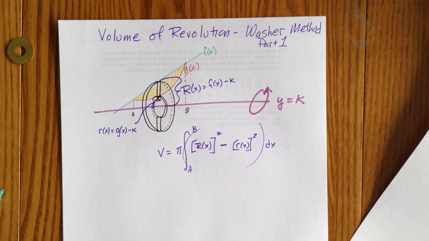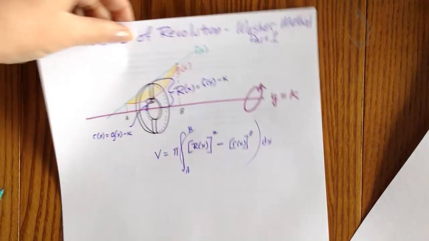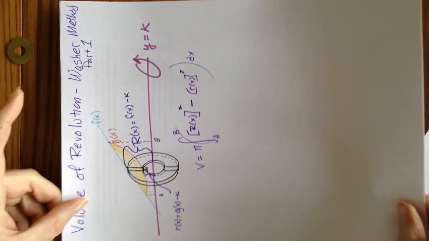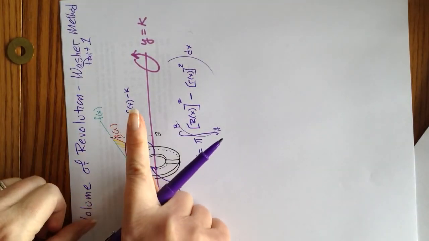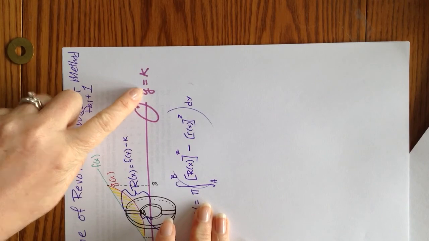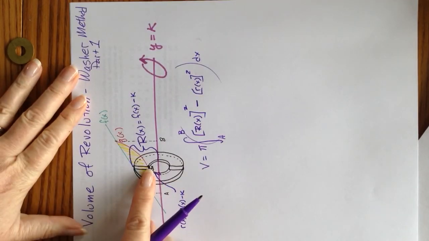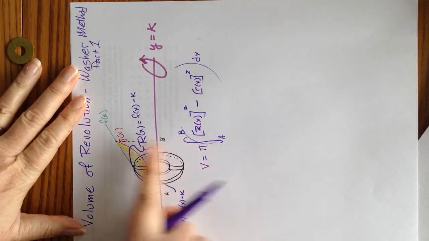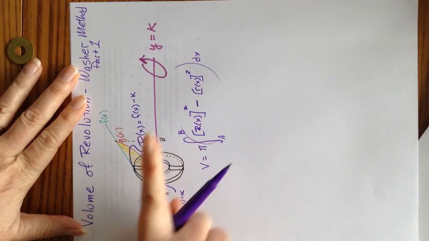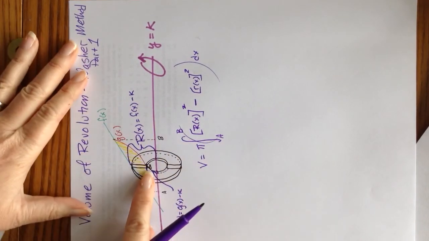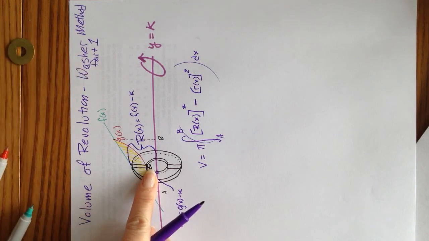Now, in a future lesson, something to look forward to, we're going to do this whole thing again, but we will have a vertical axis of revolution, x equals k. We will have disks, or washers, that are set up perpendicularly, and it will be a small change in y.